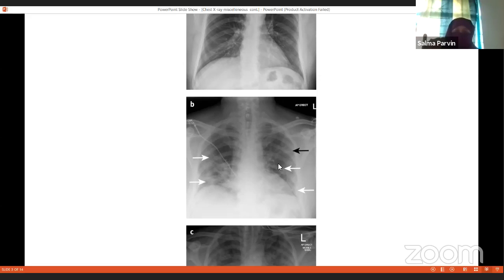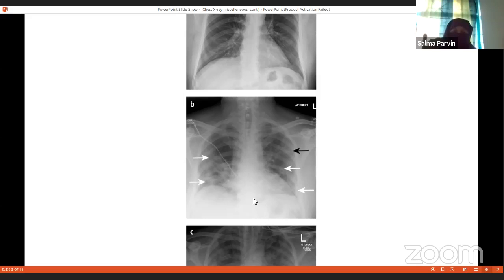Later on, whenever this patient develops COVID-19, the ground glass opacities are seen at the bases, at the periphery of the lung. And you see the band shadows here and possibly here and here.